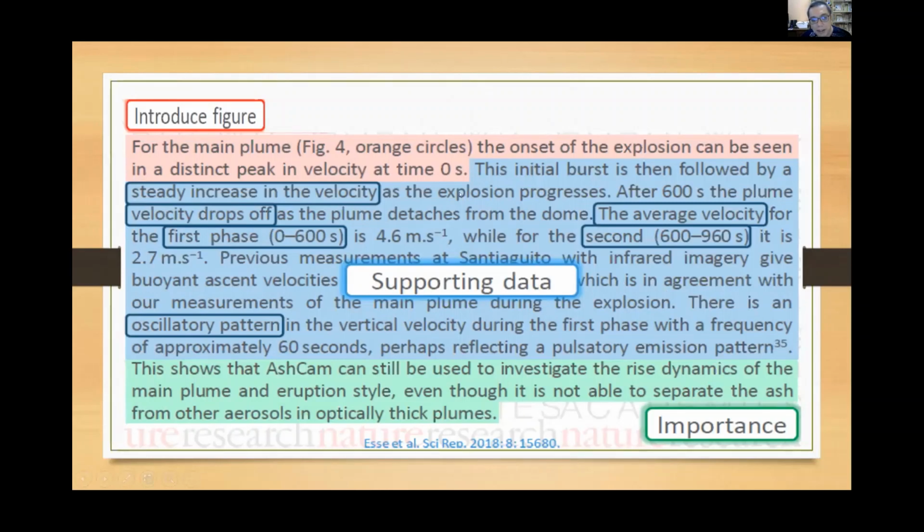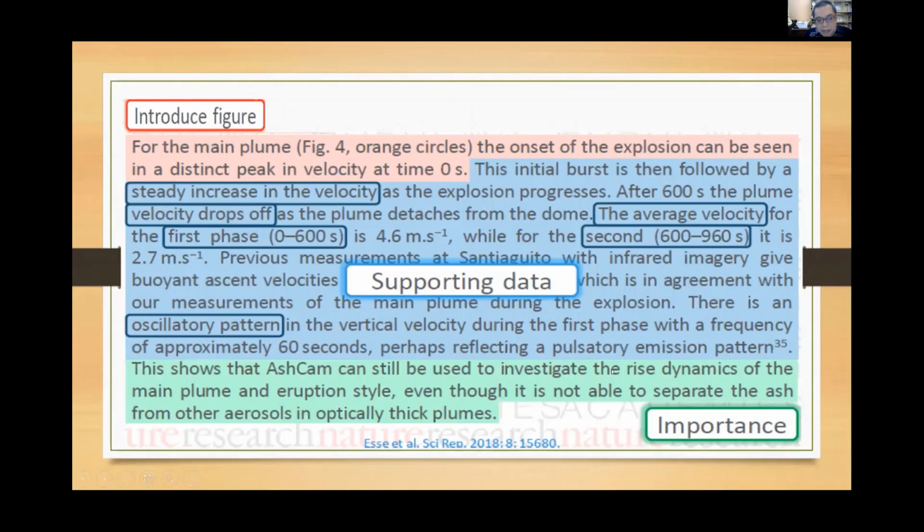This is followed by the blue part, which is the supporting data. You further elaborate, extrapolate, and illustrate the data, what the data is about.